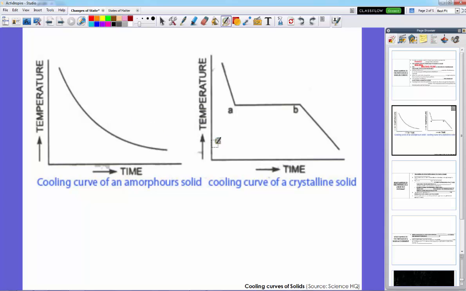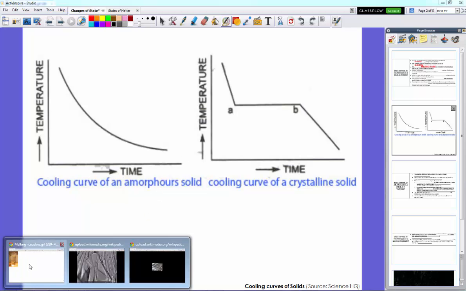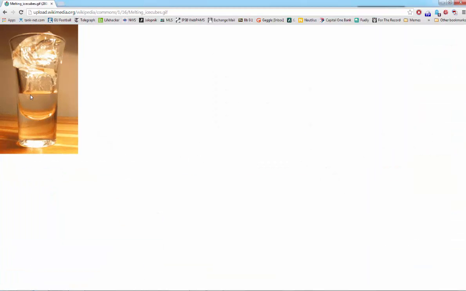Water, of course, is a crystalline solid, in the form of ice. So what will happen as it warms up, as we go up on the Celsius scale, is we'll get to 0 degrees Celsius. And the ice in this picture is all at 0 degrees Celsius until that last point of the picture. Why?